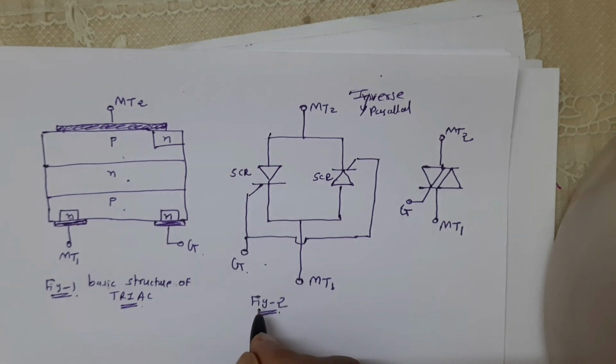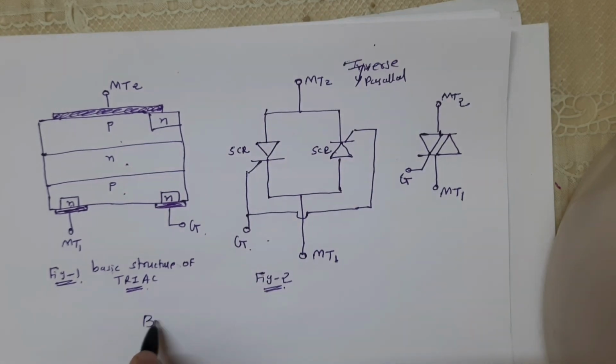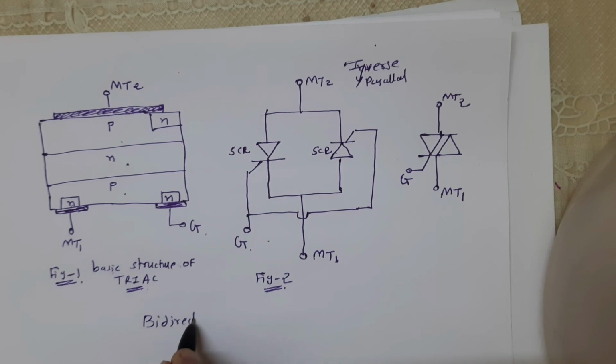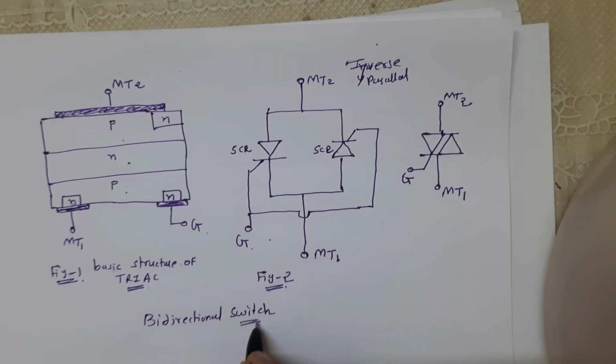Therefore, a triac acts like a bidirectional switch. That means it can conduct current in either direction. This is unlike an SCR, which can conduct current only in one direction.